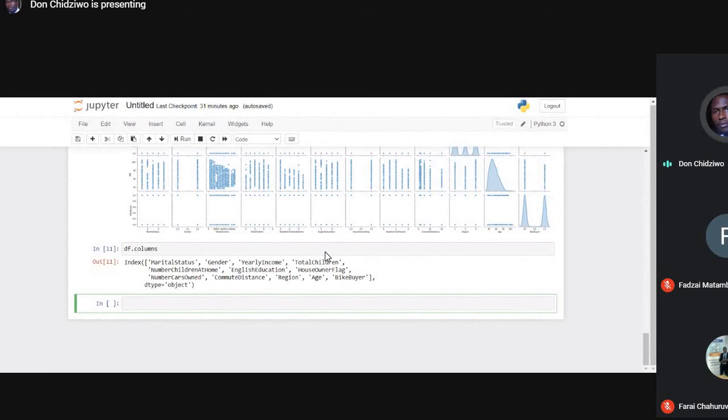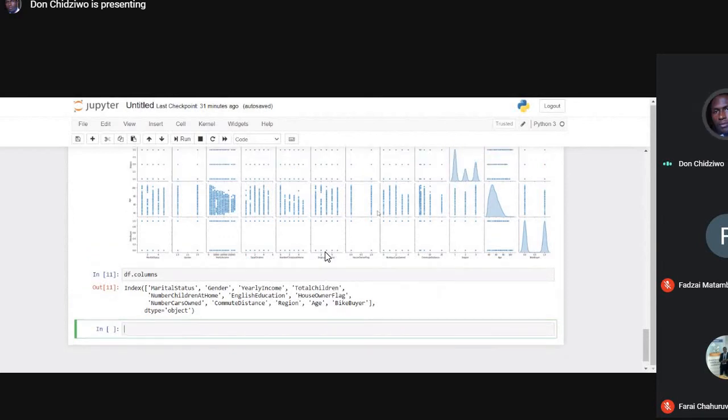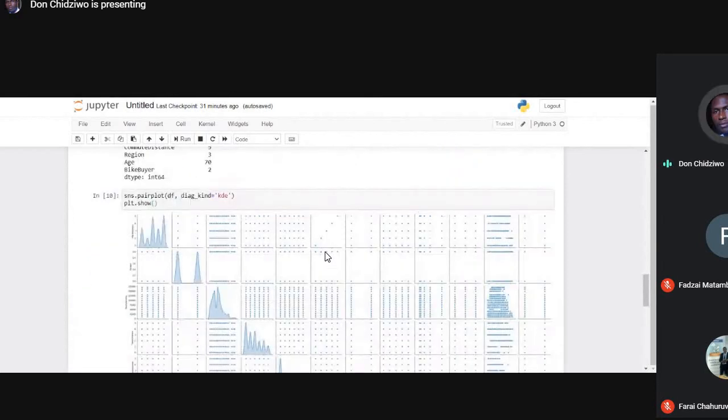It shows the relationship between the various variables in our data frame.